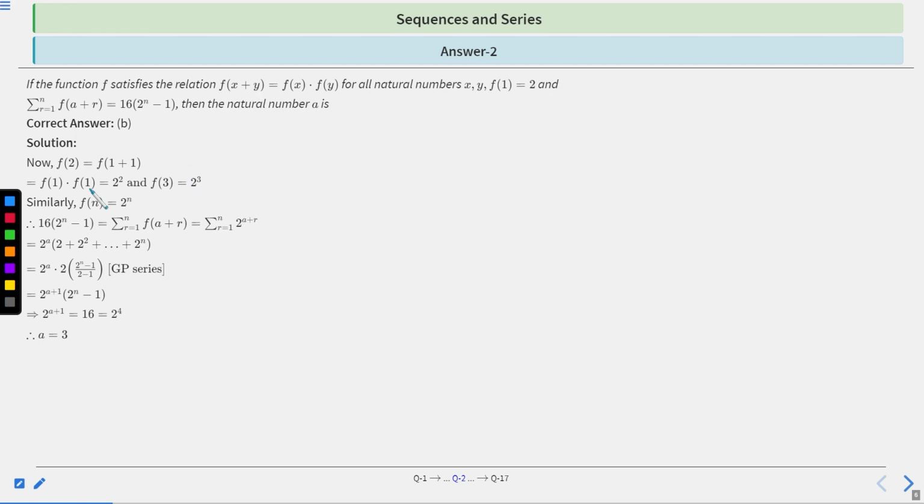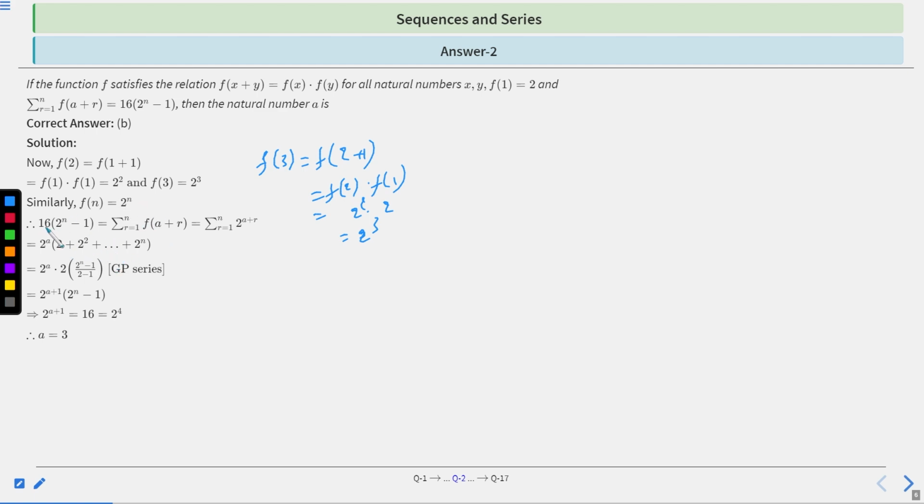And f(3) can be written as f(2 plus 1), right? So it will become f(2) into f(1), and f(2) is 2 square and f(1) is 2 again. So f(3) is 2 cube, right? So similarly, we find that f(n) is 2 to the power n, right?